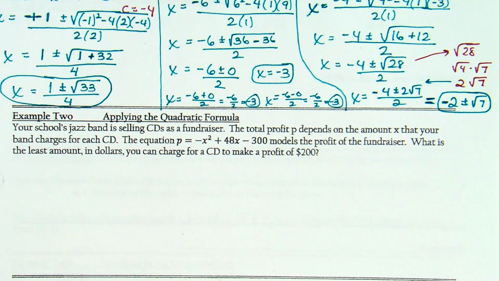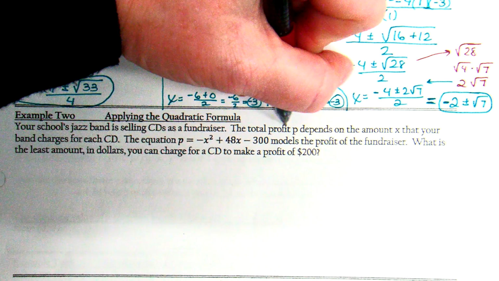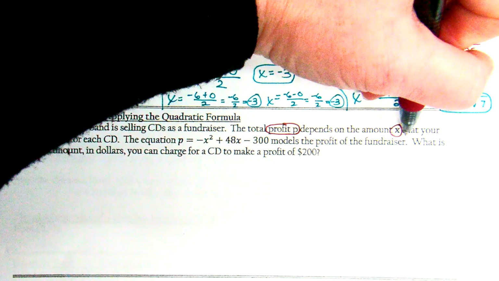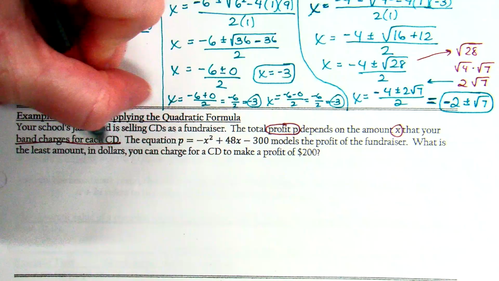Just basic given information. The total profit, P. So right there, it's telling me that P stands for profit. Depends on the amount, X, that your band charges for each CD. So X is how much the band charges for each CD?